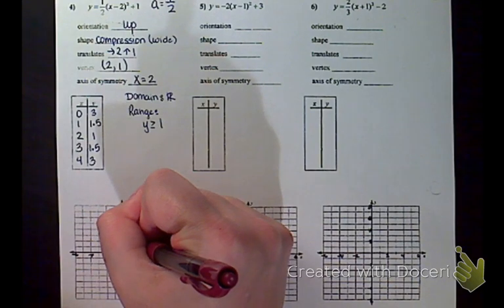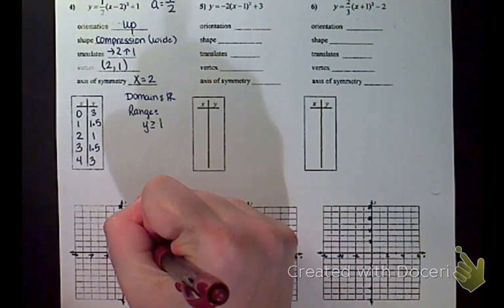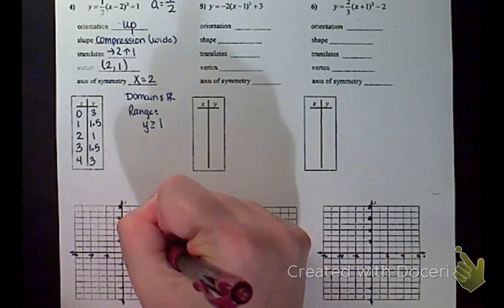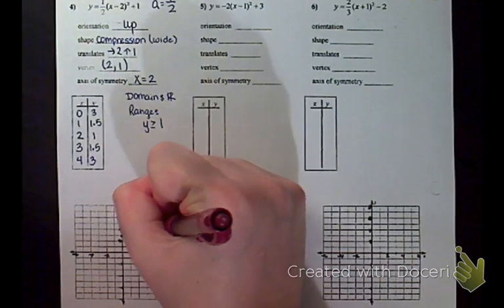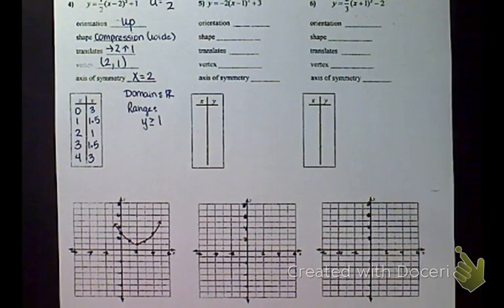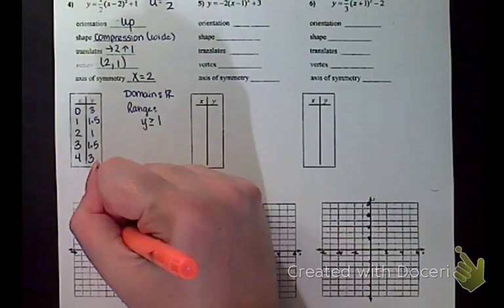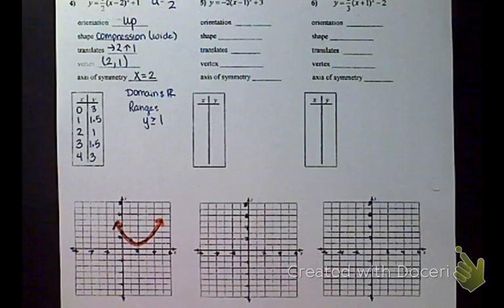So you're going to go in the middle of a box there. (2, 1), (3, 1.5), and (4, 3). Okay, this graph is definitely a little wider. It faces up. So we are good to go there.